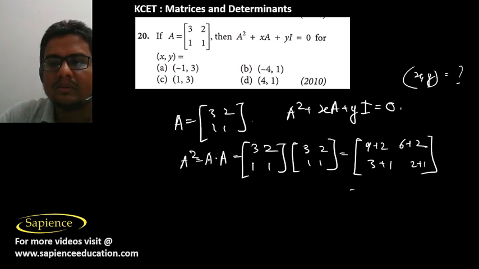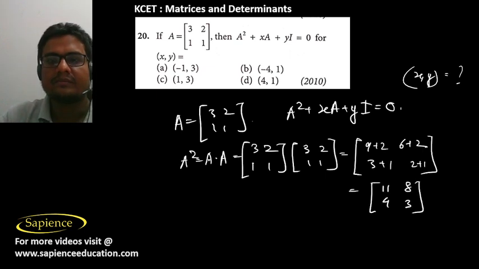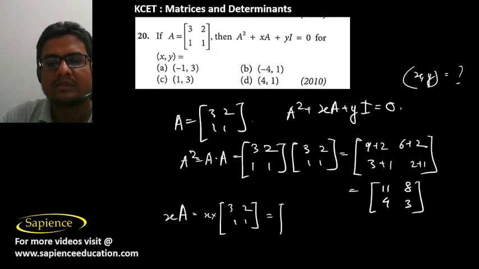So that is equal to the matrix 11, 8, 4, 3. X into the matrix A, so that is X into 3, 2, 1, 1, so that is 3X, 2X, X, X.